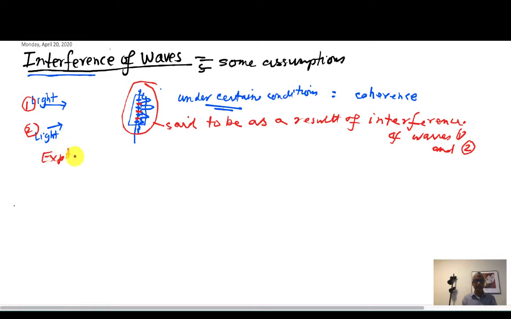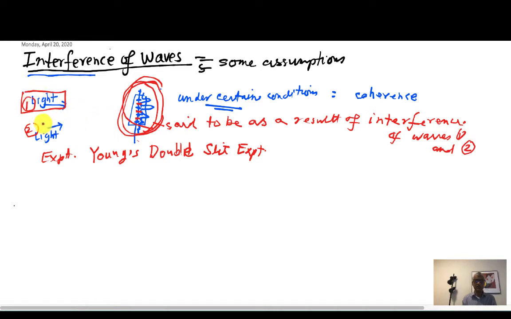You've probably done the so-called Young's double slit experiment. It turns out this is a very definitive proof. If you see something like this, then this is a very clear proof that 1 and 2, these guys that are coming together over there, are waves. This can happen in waves.